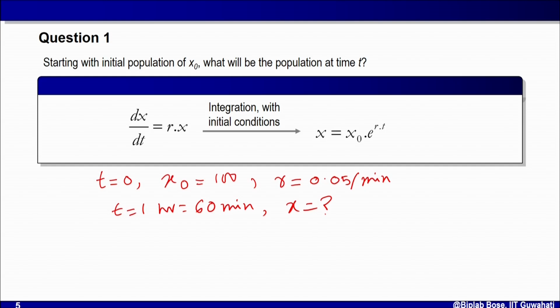So how can I answer this question? My model is dx dt equal to rx. By integrating that with initial condition, I have got x equal to x naught into e to the power rt.